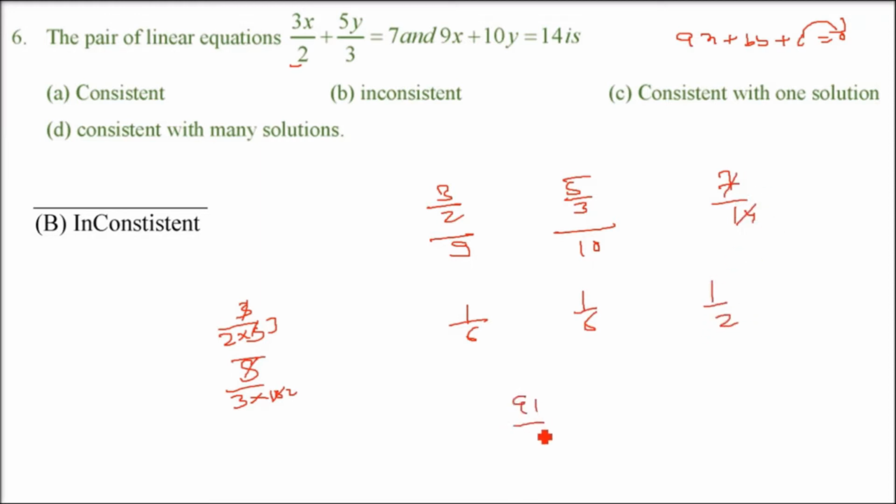So what we see here is a1 by a2 equals b1 by b2, and this is not equal to c1 by c2. That means the solutions are inconsistent. So this is how you find out. This is the relationship: a1 by a2 equals b1 by b2, not equal to c1 by c2.